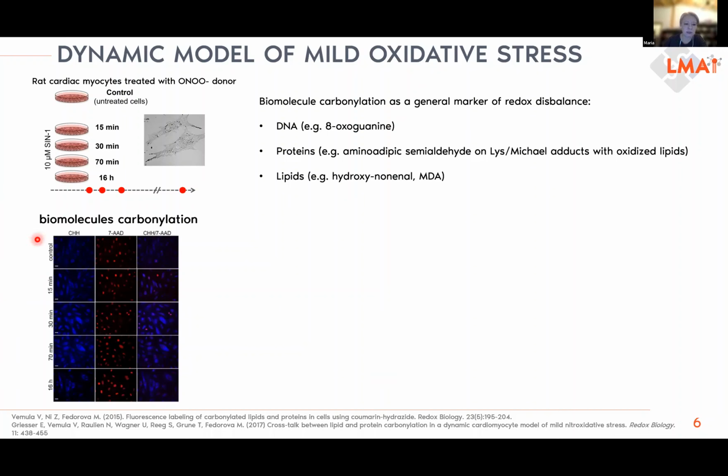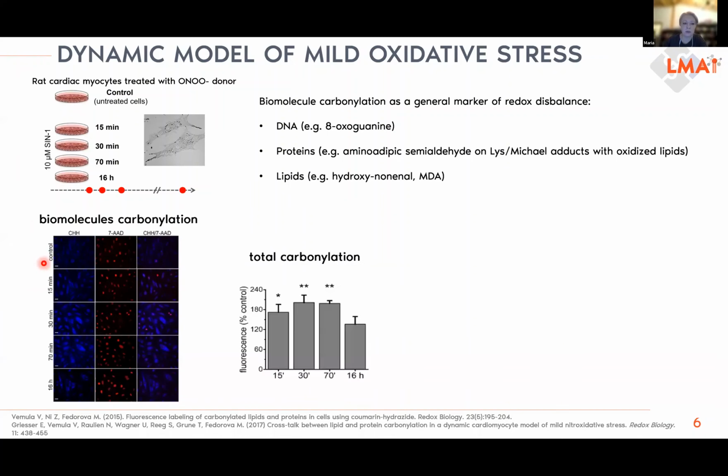So when we looked at this total biomolecular carbonylation over the time scale of our model, we could see that very fast, already at 15 minutes upon the stress induction, we start to see an increase of this carbonylation signal. It's going up over 70 minutes.